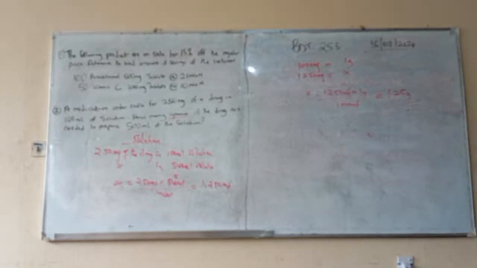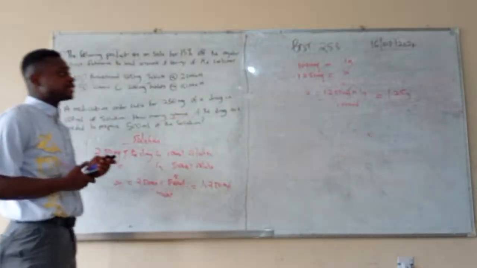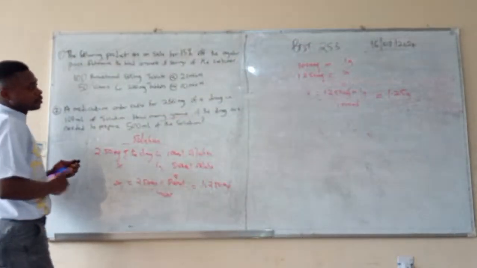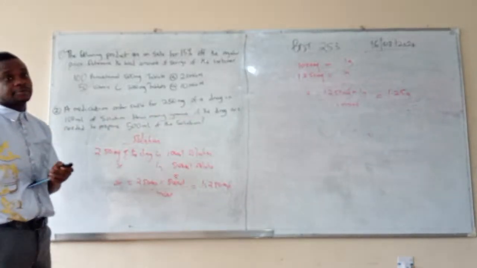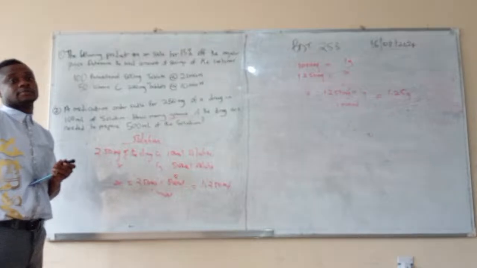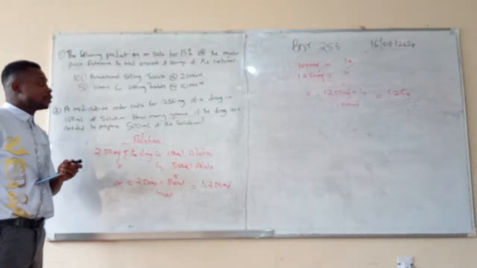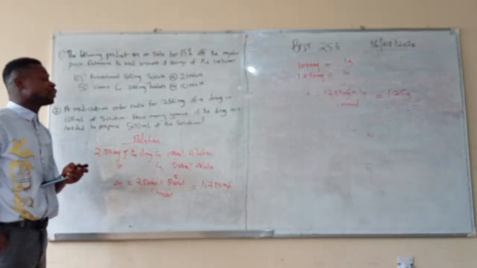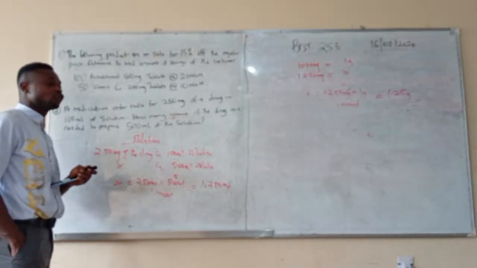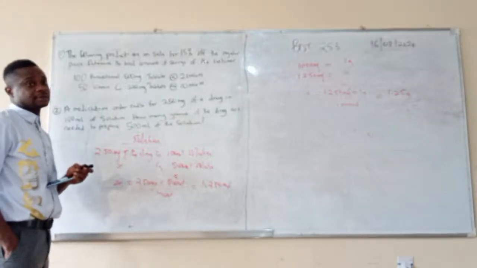So between this and this, which one is the amount of the drug and which is the amount of the medicine? Between the gram and ml, which one is the amount of the drug and which is the amount of the medicine? From the answer, we are told that 1.25 gram of the drug is required to prepare 500 ml of solution. So which one is the amount of the drug and which one is the amount of the medicine?